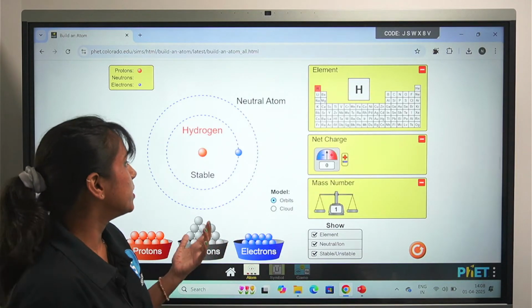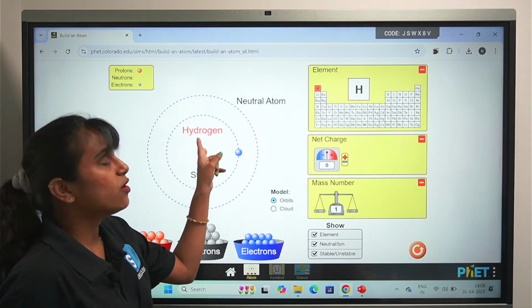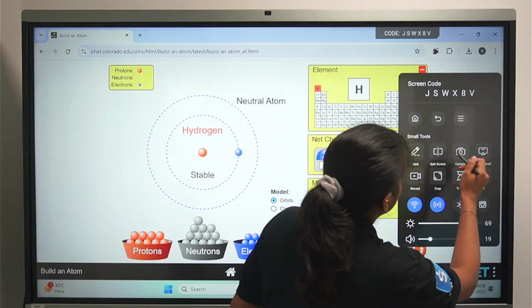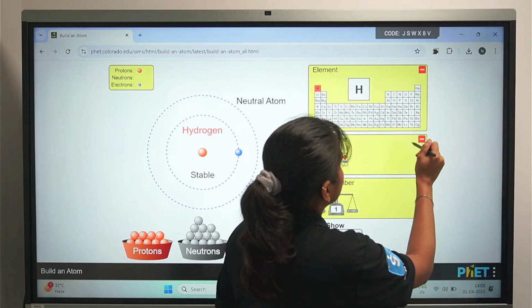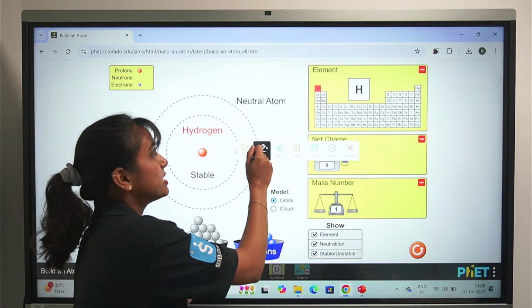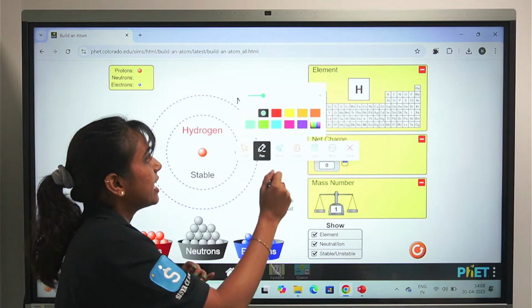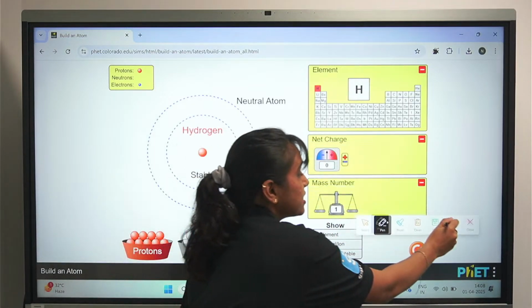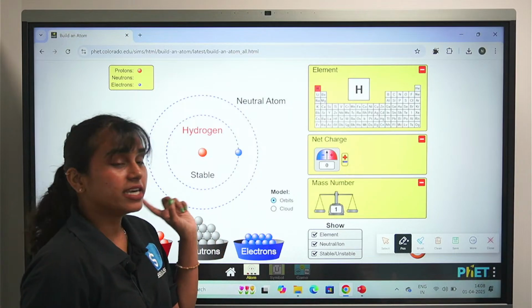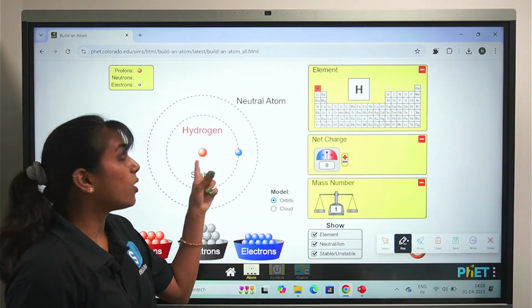How it will be unstable, we will see that. Now we know our hydrogen atom has 1 proton, and there is one specialty about this hydrogen atom, that it does not have a neutron. Look at this. It is a stable atom without a neutron.